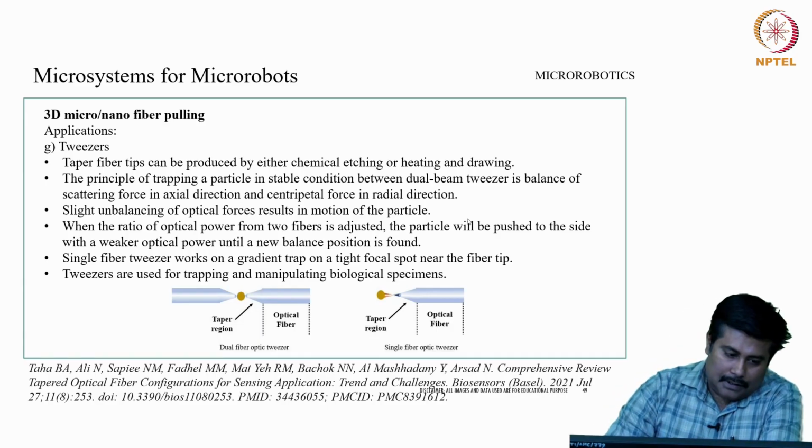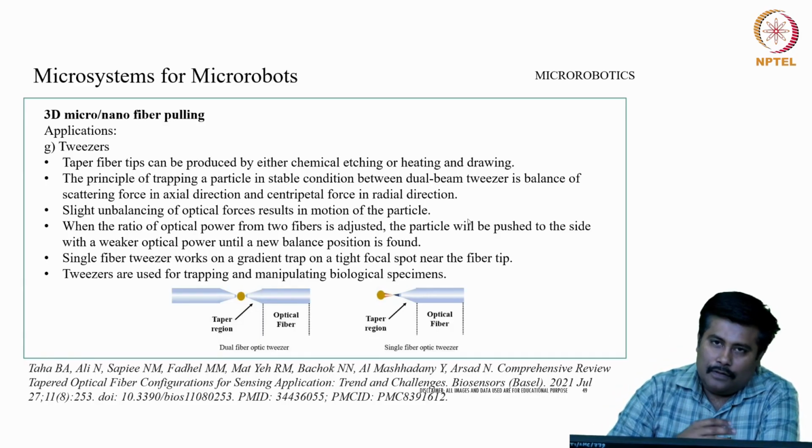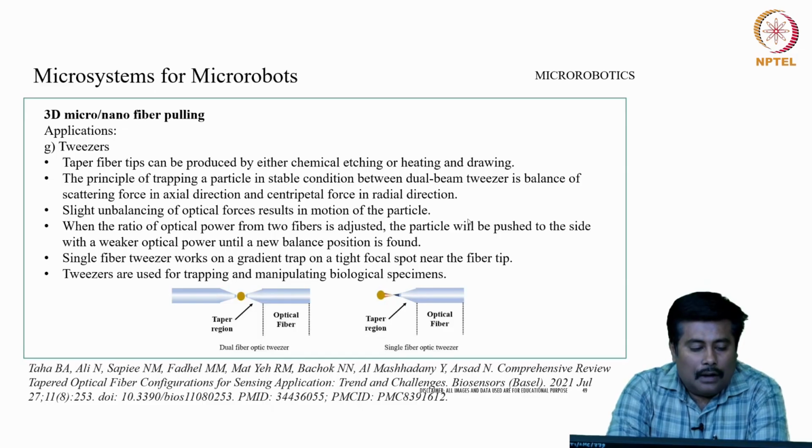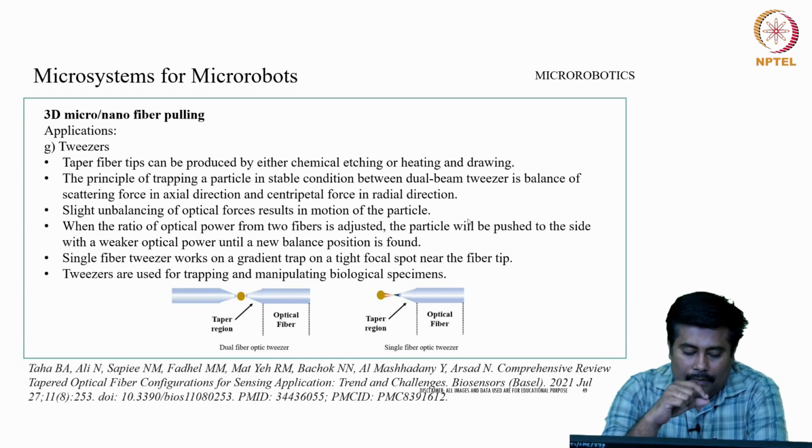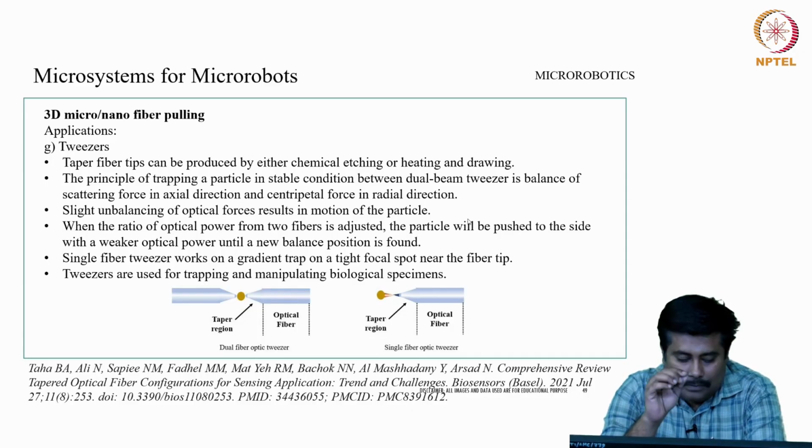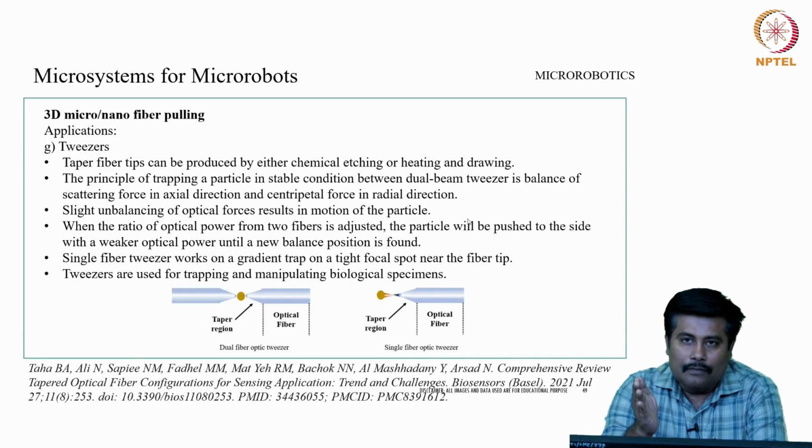In the case of fiber, if you see the overall construction, there is an optical fiber and then a taper region, and in between is whichever system needs to be manipulated. So, when we control this optical fiber appropriately, we can manipulate the structure.